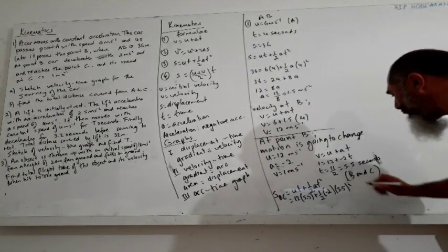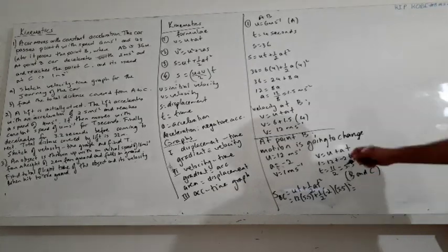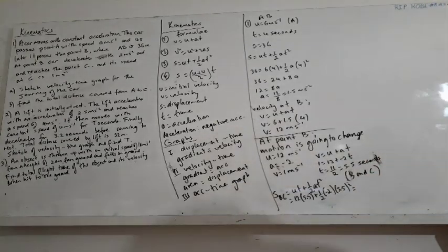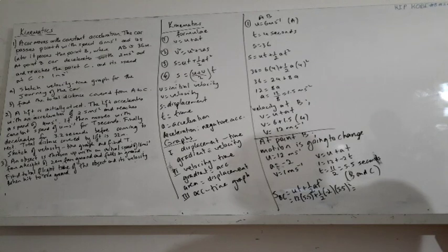So the distance between B and C, let's use the calculator to have the exact value. It is going to be 12 times 5.5 minus 5.5 squared, and the answer is 35.75.